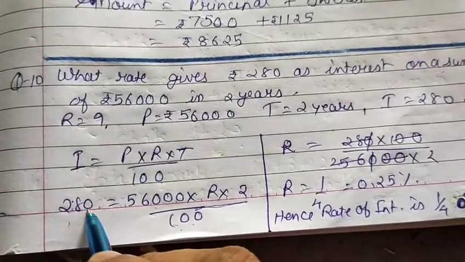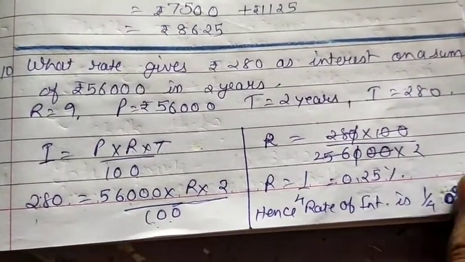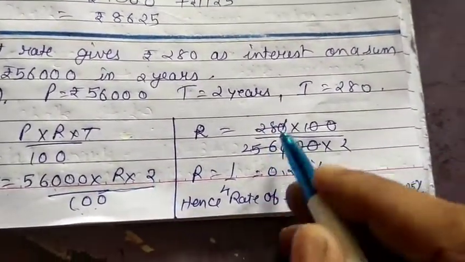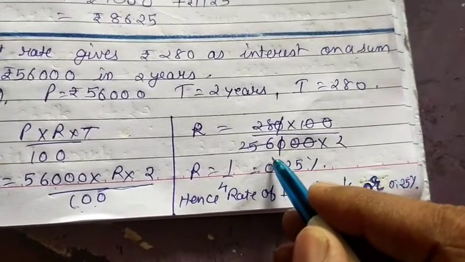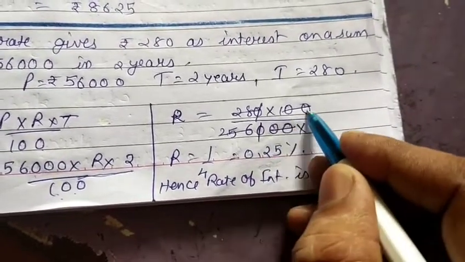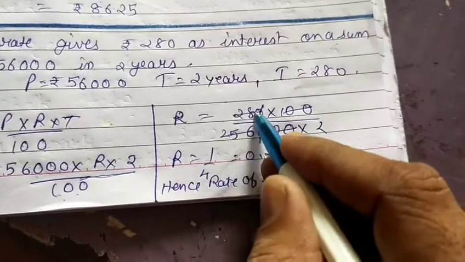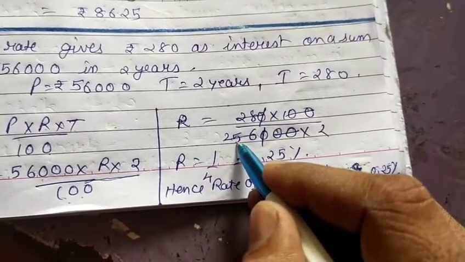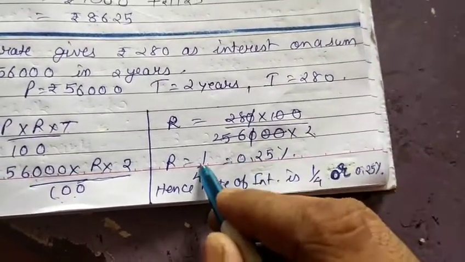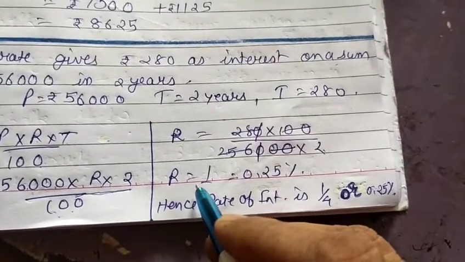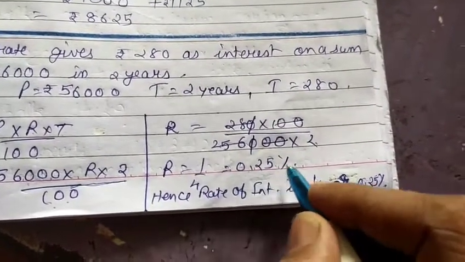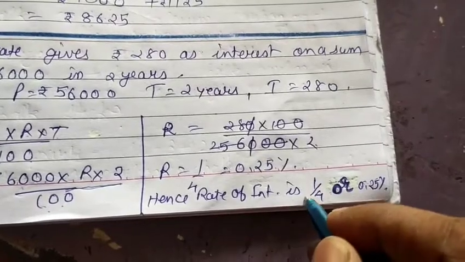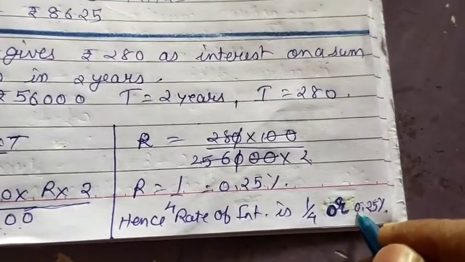Now 100 into 280, 100 will go by cross multiplication, and 56,000 and 2 will come down. So zeros cancel, 56 by 28, 2 2s are 56, 2 2s are 4, that is 1/4. The rate we are getting is 1/4, meaning 0.25%. Hence the rate of interest is 1/4 or 0.25%.